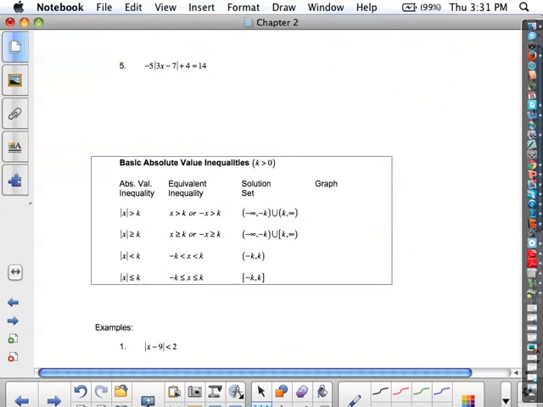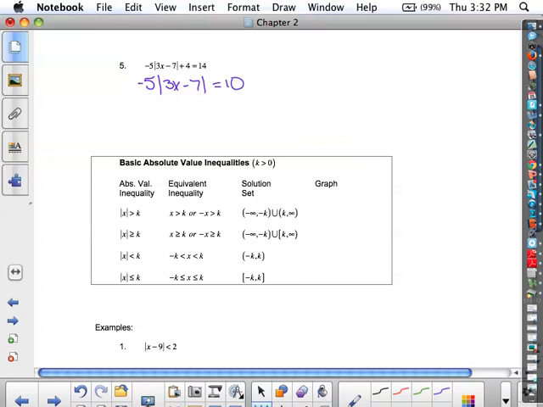Okay, next, this time we have minus 5 times the absolute value of 3x minus 7 plus 4 equals 14. So what you want to do is start to isolate the absolute value. So start by subtracting the 4 from both sides. So you have minus 5 times the absolute value of 3x minus 7 is equal to 10.